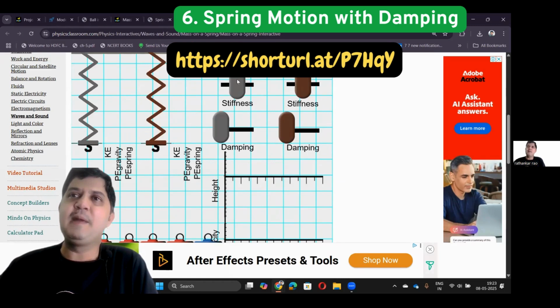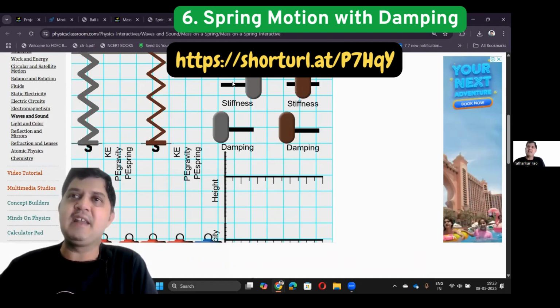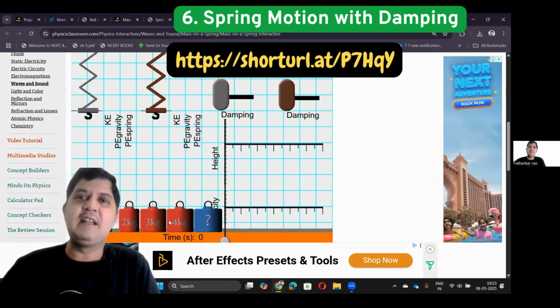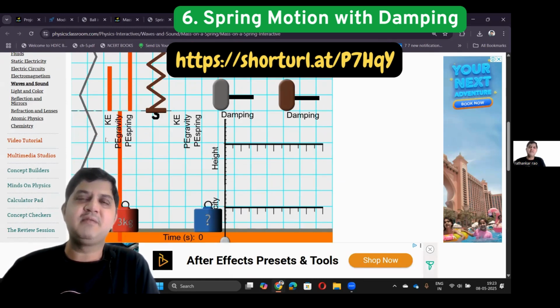Okay, so I will be able to move this one here. Okay, you see, this actually changes, which means what? It is stiffer. And if I move it to here, it is lighter. Now, how do you understand something as stiffer and lighter? So if I want to know, I'll take up this 4 kg mass, attach it here. Now, what's happening? If it is lighter, then the spring's oscillation will be very, very large.